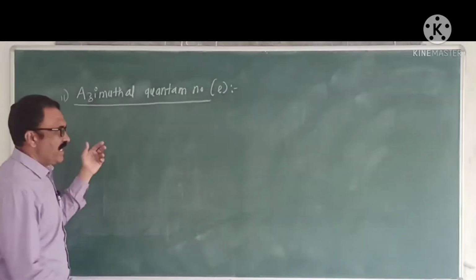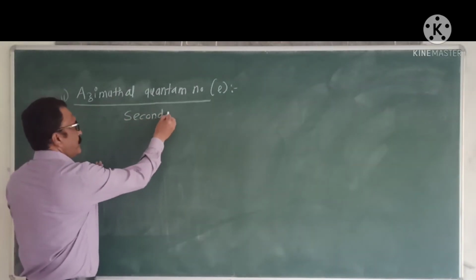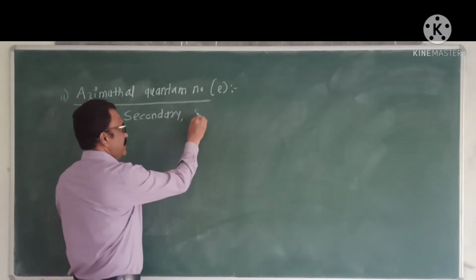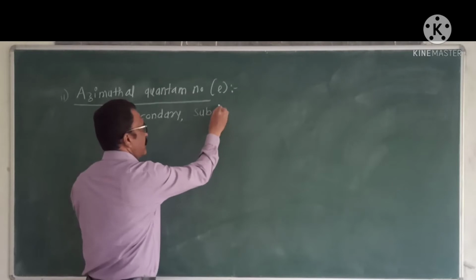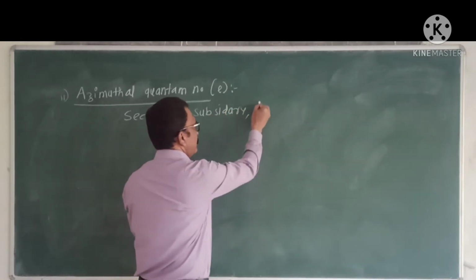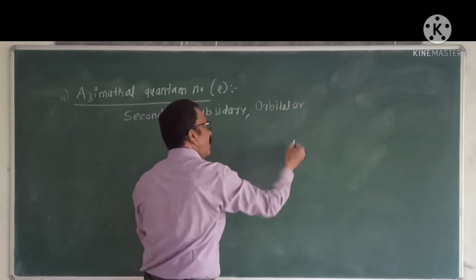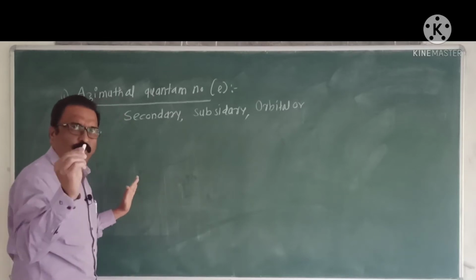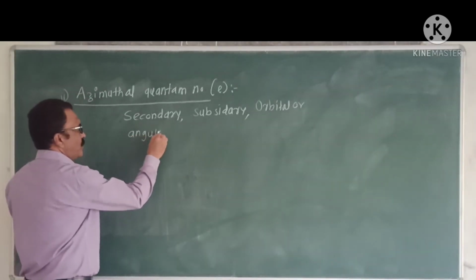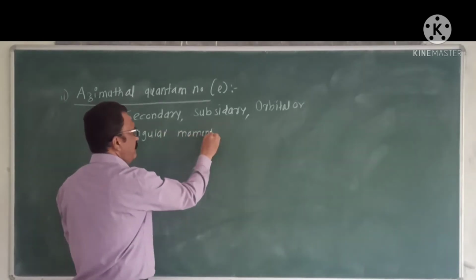It is also known as the secondary, subsidiary, orbital, or angular momentum quantum number.